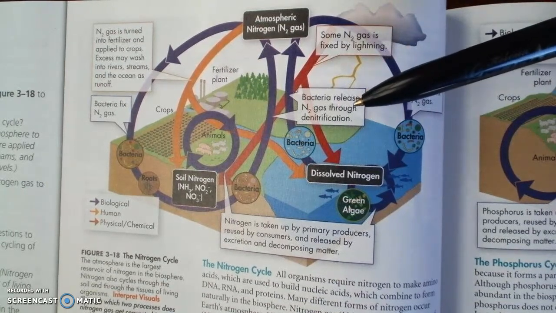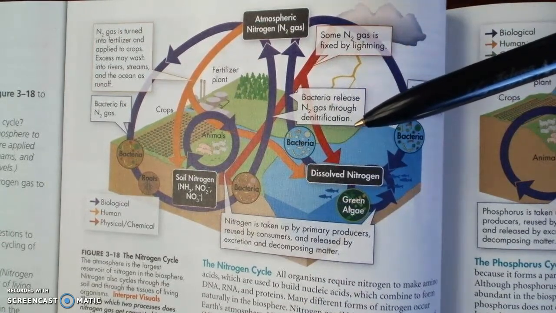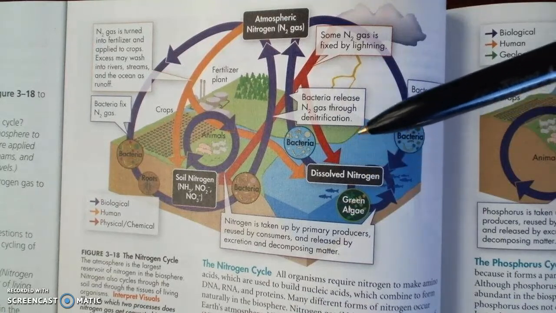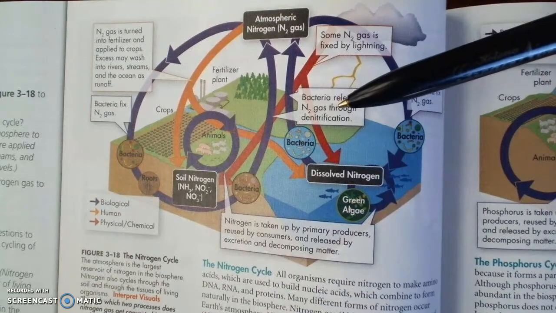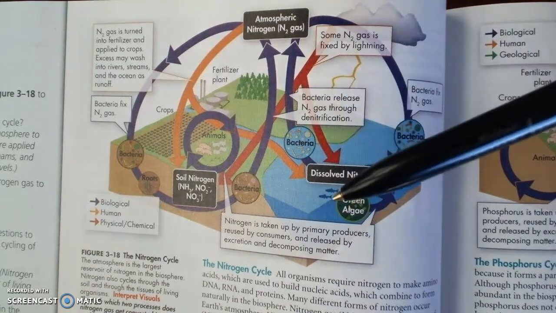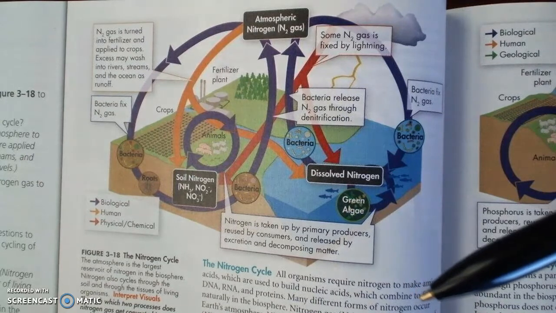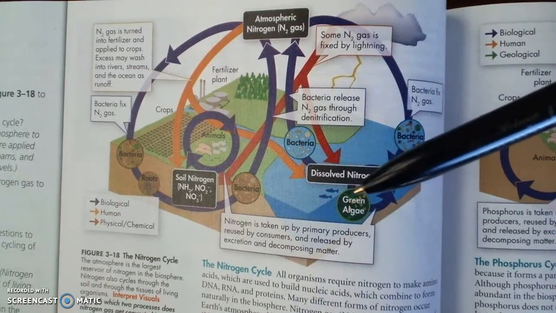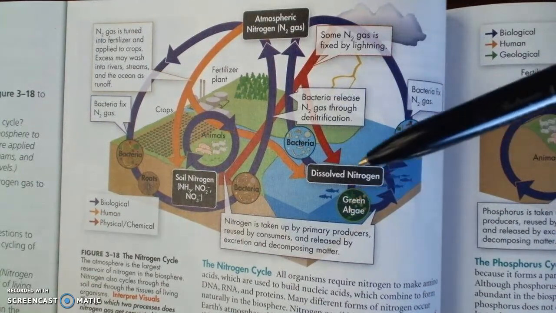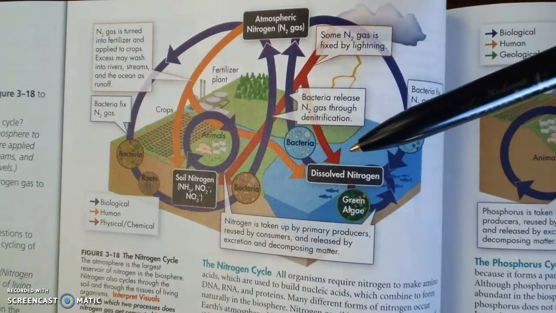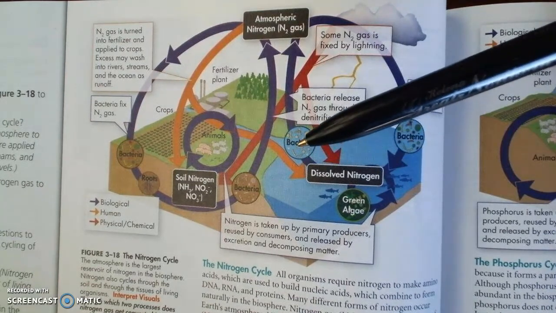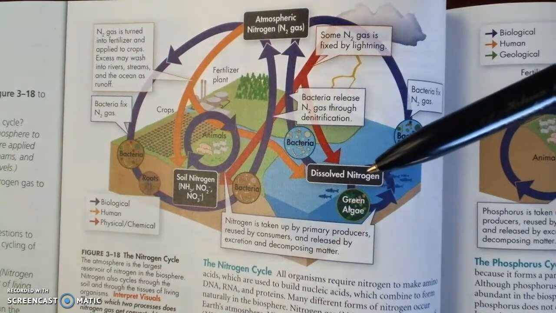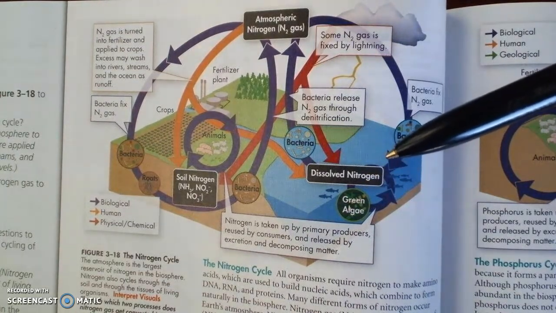When lightning happens, it splits up air molecules, and it can take N2 and fix it into the soil where the lightning strikes and create an area of increased fertility due to the nitrogen in that soil. Now this is kind of an exception. Most of the nitrogen is coming through nitrogen fixation and not from lightning strikes, but it is an important pathway to at least be aware of.